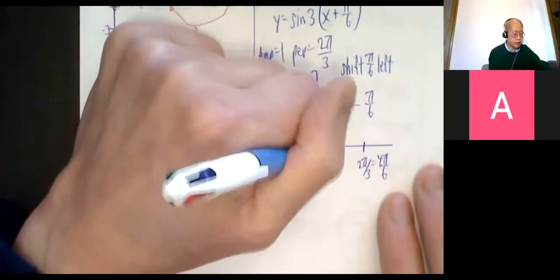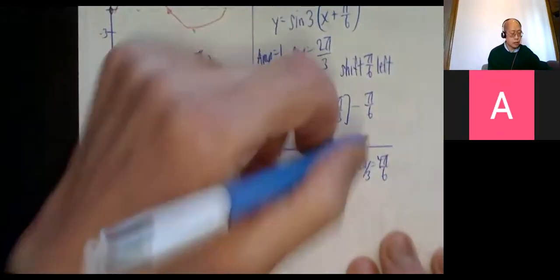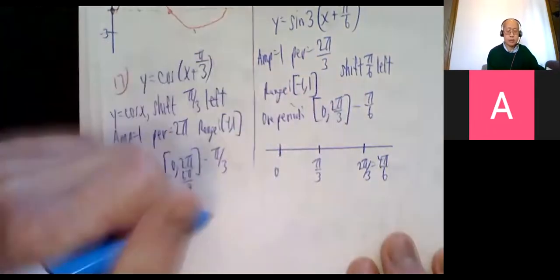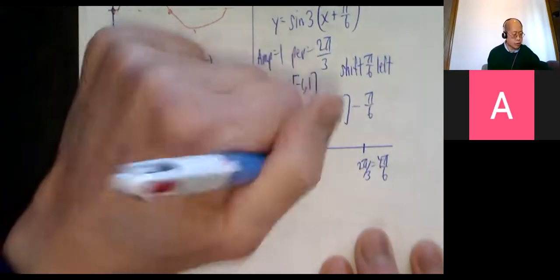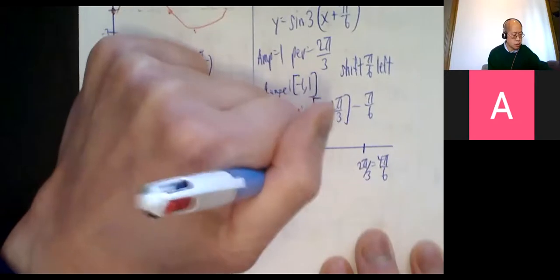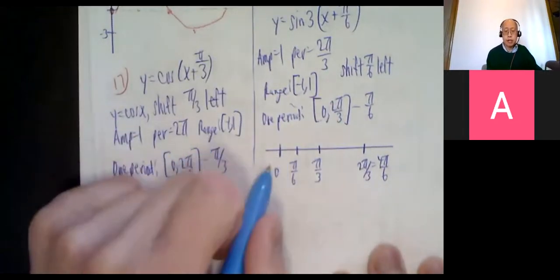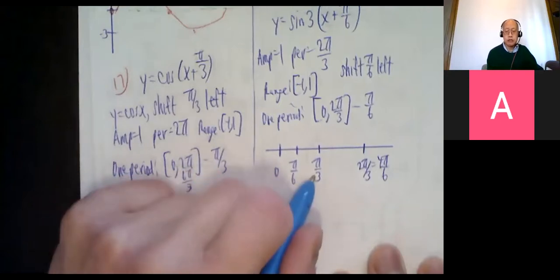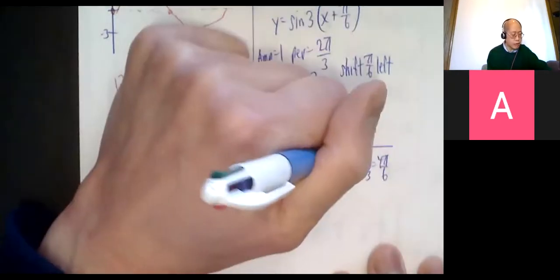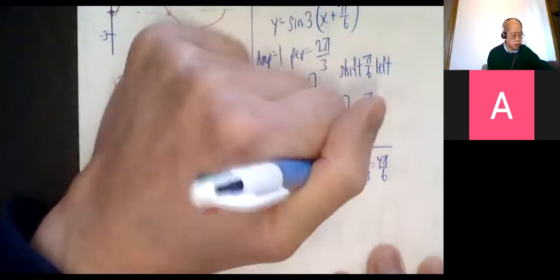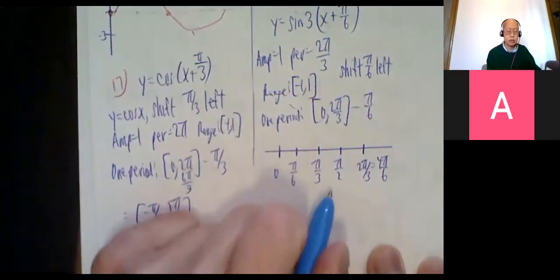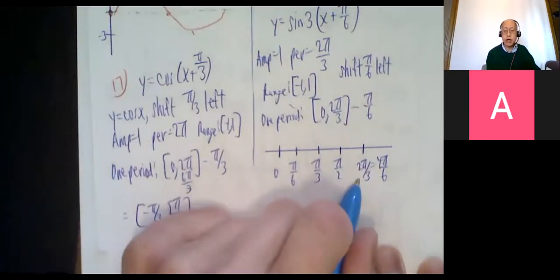What's half of 2 pi over 3? 1 pi over 3. Half of pi over 3, pi over 6. Now I can go pi over 6, 2 pi over 6, 3 pi over 6, 4 pi over 6.